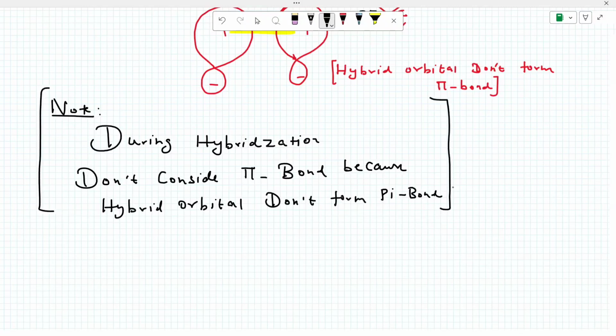The teachers and students don't count pi bond during hybridization concept. Okay, this is important. Please note. Very important concept. Please note.